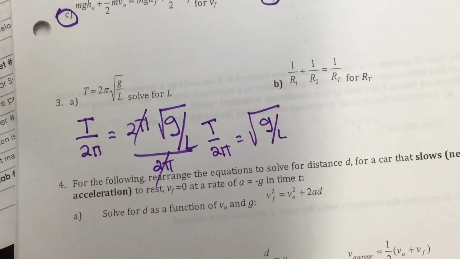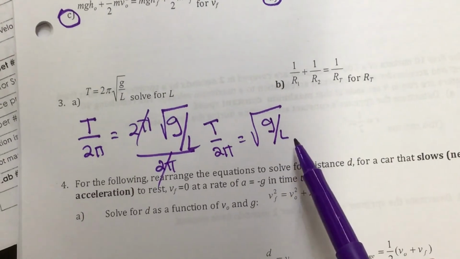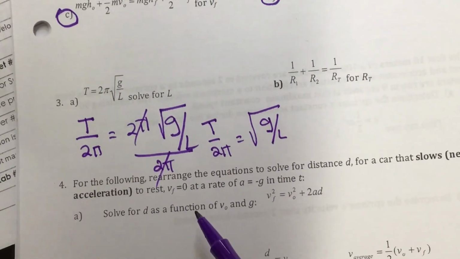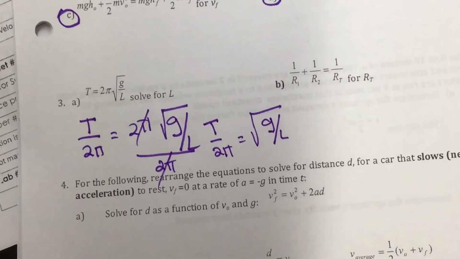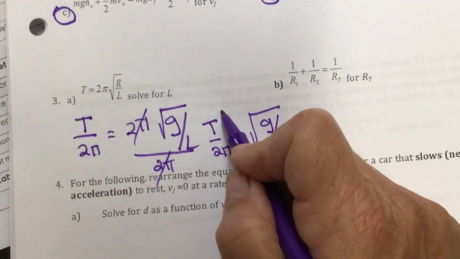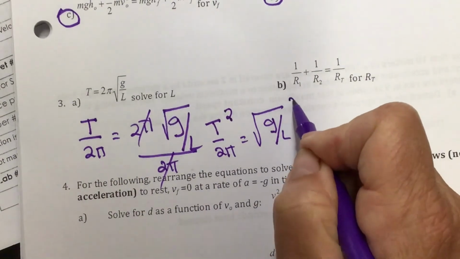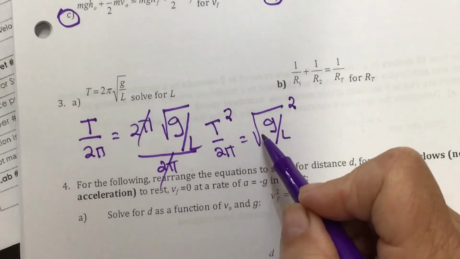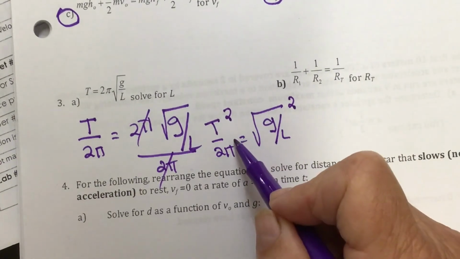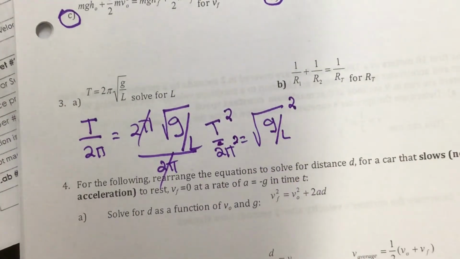What am I going to do about this? Remember, I have to get to L. So you've got to unwind the square root. Well, how could I unwind the square root? Well, I could square both sides of the equation. If I square this side of the equation and that side of the equation, remember, whatever you do on one side, you've got to do on the other, then this square root goes away. And by the way, I have to square these guys down below.